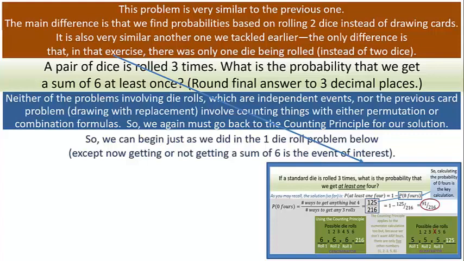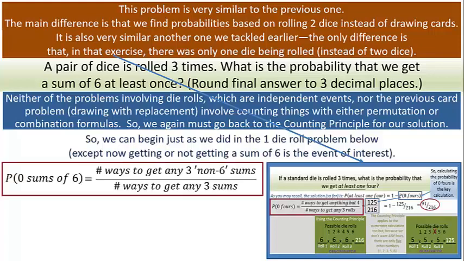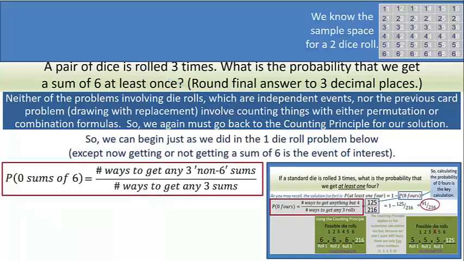If you look at that in the lower right corner, the only difference is instead of looking at probabilities involving getting 4s, which is what the other problem resolved, we're trying not to get a sum of 6. Now, anytime you say the sum of rolling 2 dice, you've got to remember that we've got to go back and look at the sample space for rolling 2 dice. There's 36 possibilities, and we've done this multiple times.